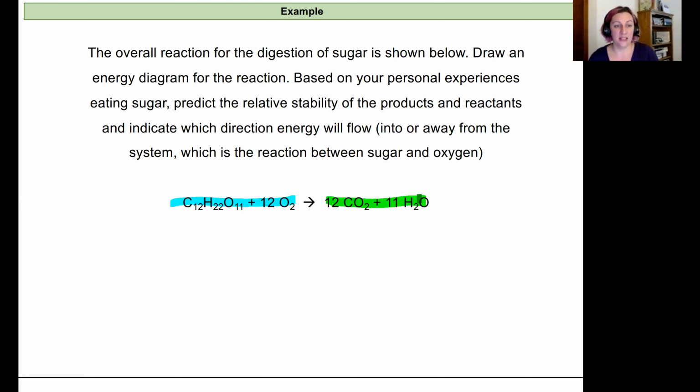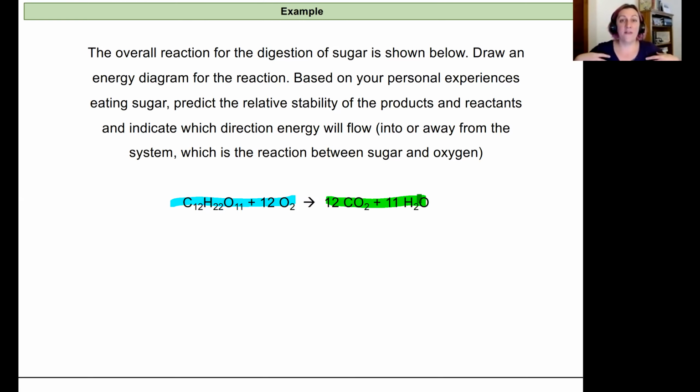So our body is going to take this and break it down into carbon dioxide and water. And the process of taking in food like sugar and then processing it into carbon dioxide and water is to extract energy from it. So that's going to imply that our energy is going to flow from that sugar reaction being converted to carbon dioxide and water into the surroundings to be used for other things.